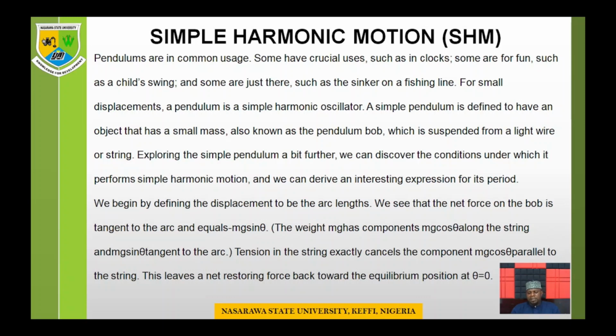We begin by defining the displacement to be the arc length, just like we have seen in that illustration, where we have S as an arc length, and that we say is a displacement. We see that the net force on the bob is tangent to the arc and equals minus mg sine theta.